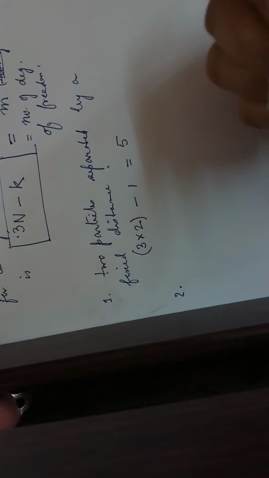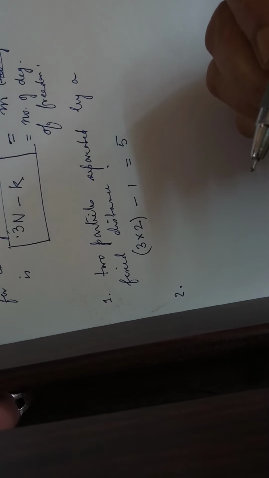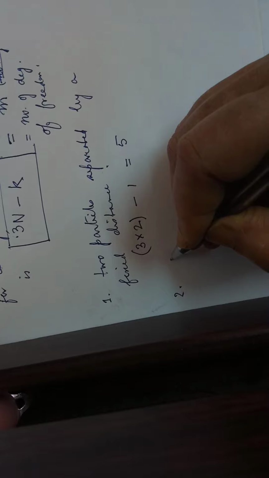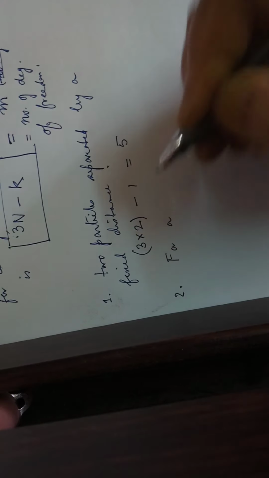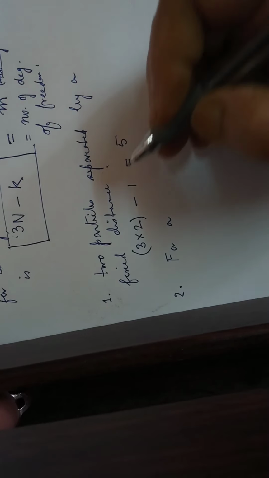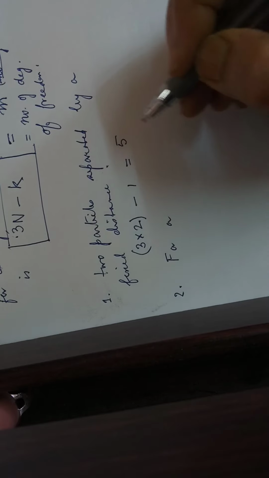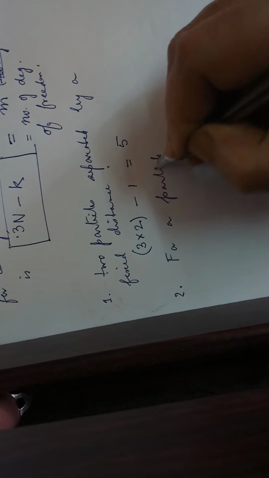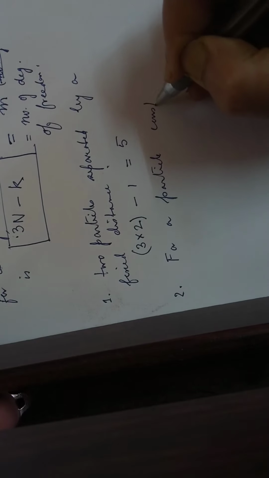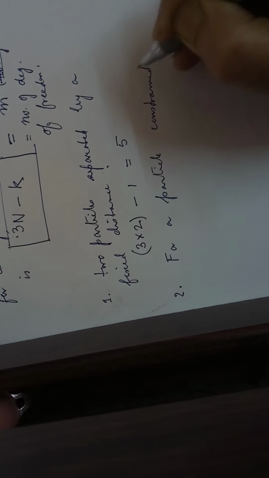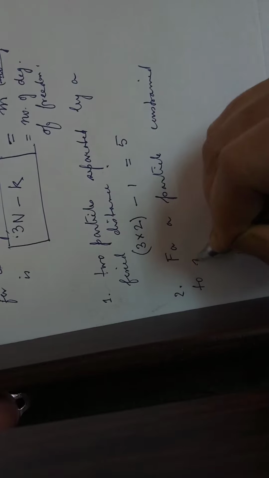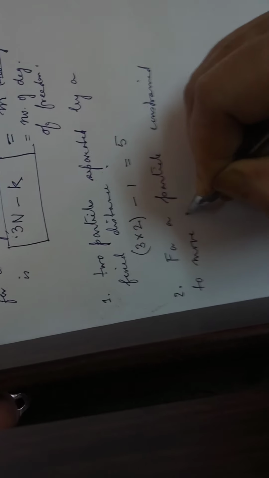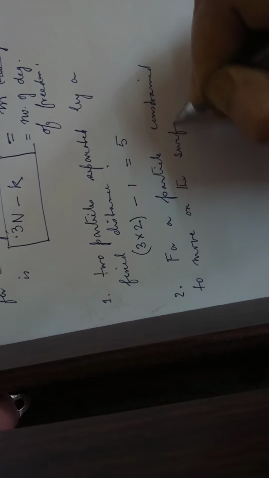What would be the degrees of freedom for a particle constrained to move on the surface of a sphere?